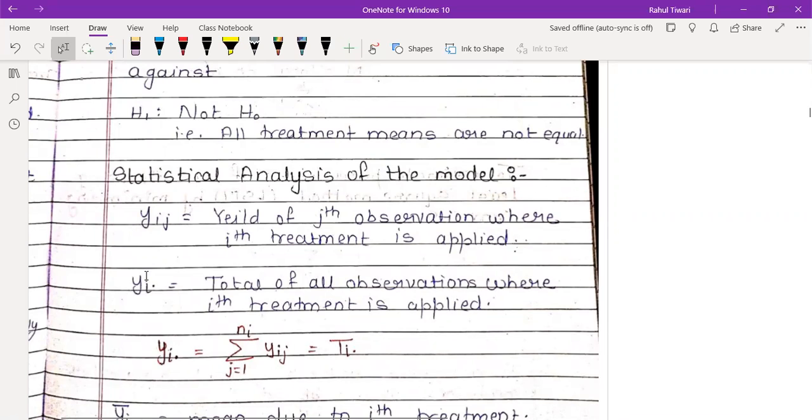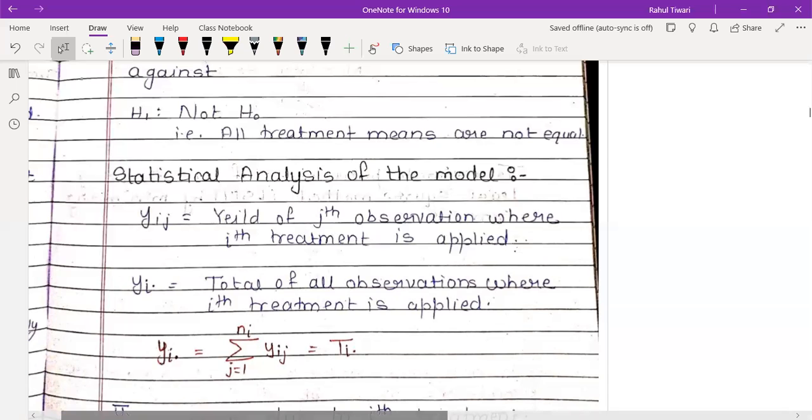Why Yi dot? Yi dot means i is there, so I am working with my alpha i. Alpha i means a treatment: alpha 1, alpha 2, alpha k. So the total of all observations where the ith treatment is applied.